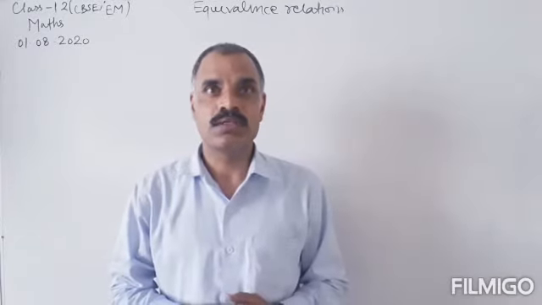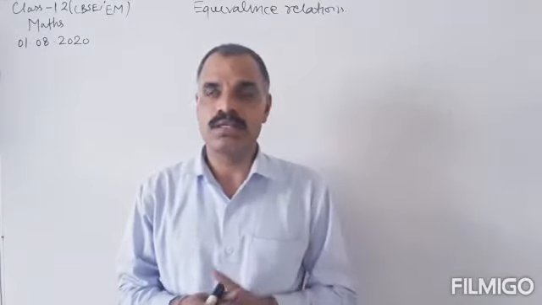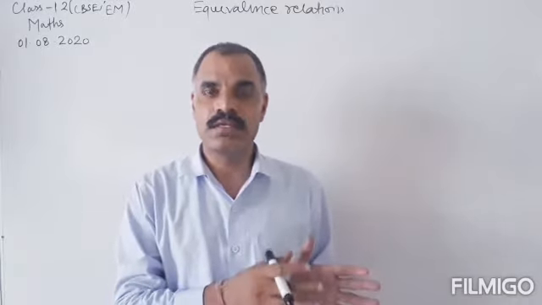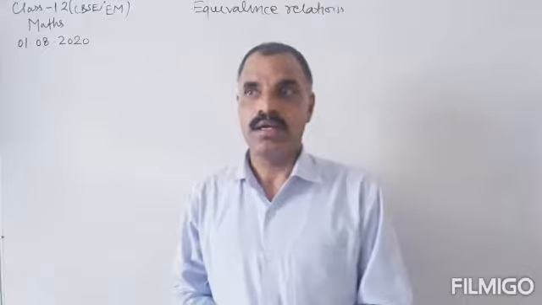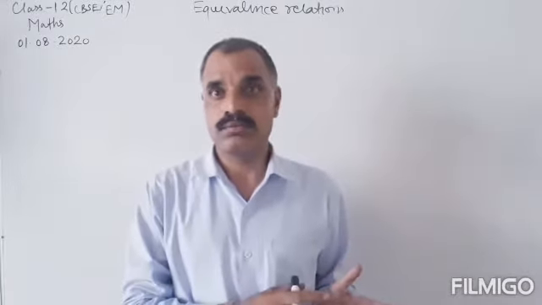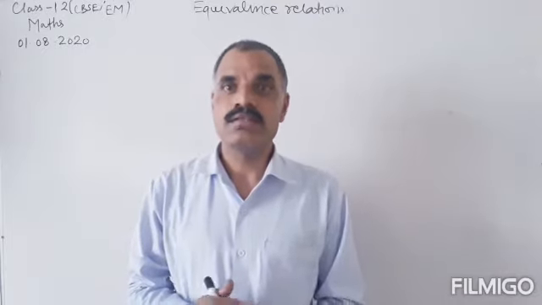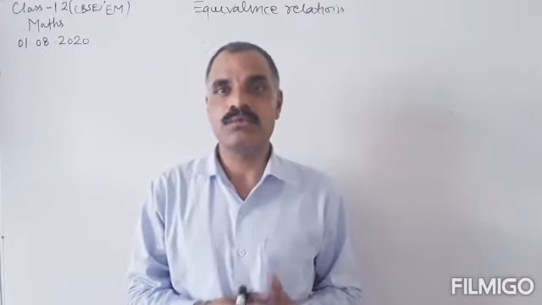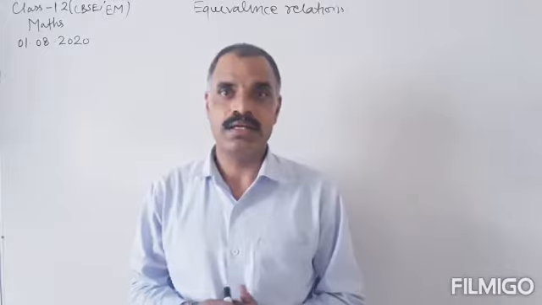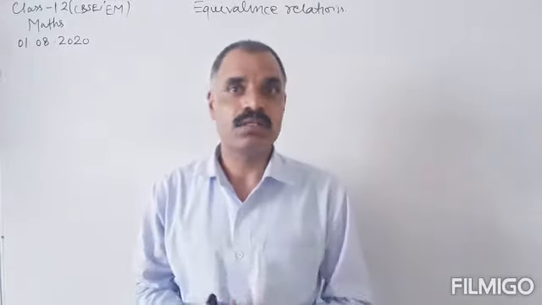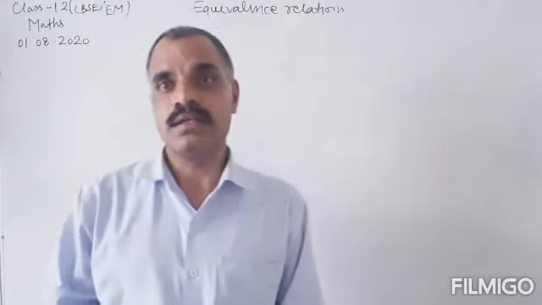In short, I would like to tell you that a relation is a subset of the Cartesian product A × B. The set of first elements is said to be the domain of that relation, the set of second elements is said to be the range, and the whole second set is said to be the codomain of that relation.